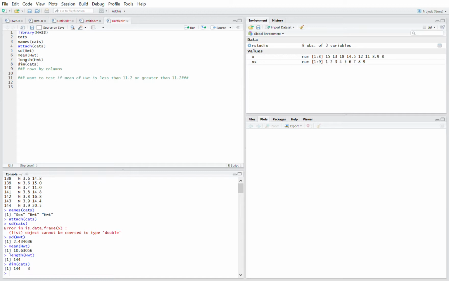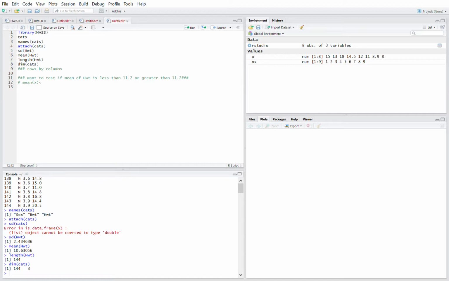So basically, I'm going to go over here and I'm going to have a comment line. I'm testing 11.2. So basically, I want to know is the mean of X less than 11.2 plus T 0.975.